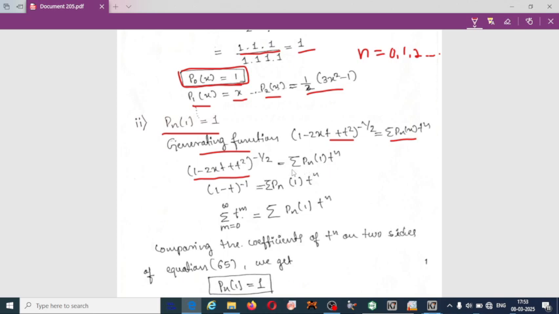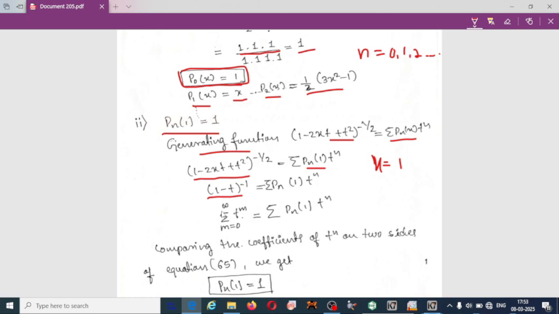Here we take x equal to 1. Then Pn of 1 into t to the power n we have to write. If you put x equal to 1, this generating function will become 1 minus t to the power minus 1, equal to summation Pn of 1 t to the power n.